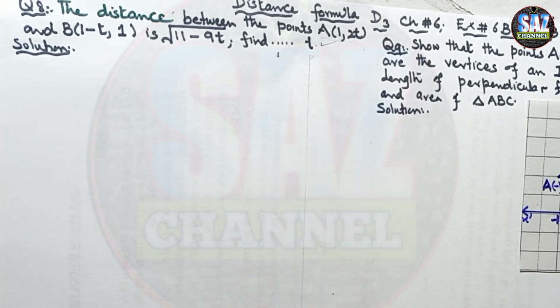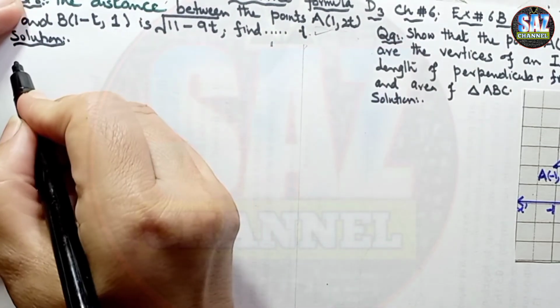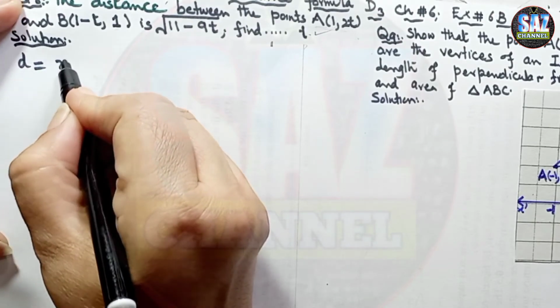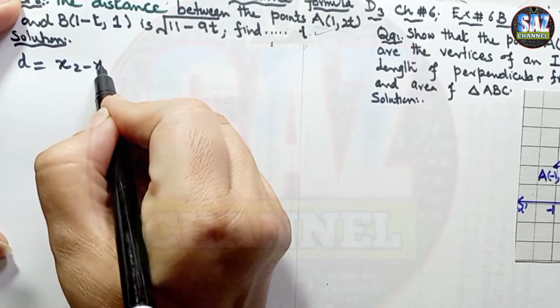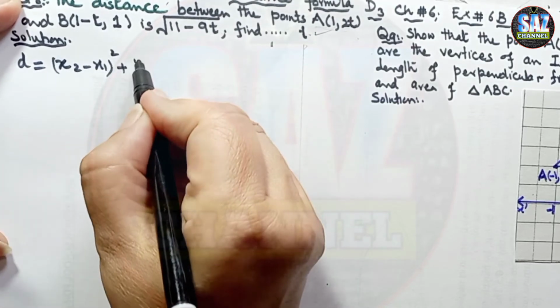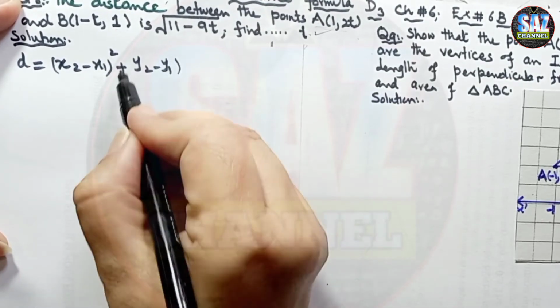So first of all, we have to apply the distance formula on the given points. According to the distance formula, d equals the square root of (x2 minus x1) whole square plus (y2 minus y1) whole square.